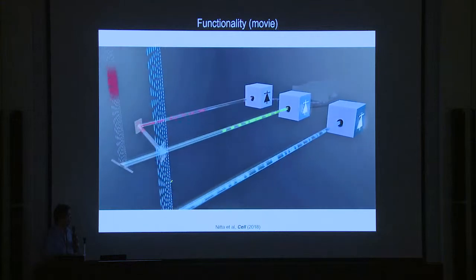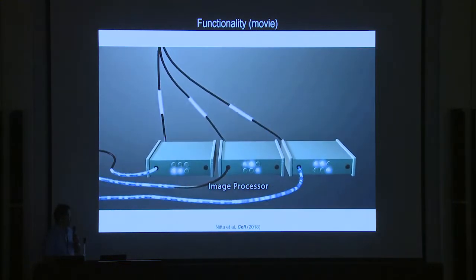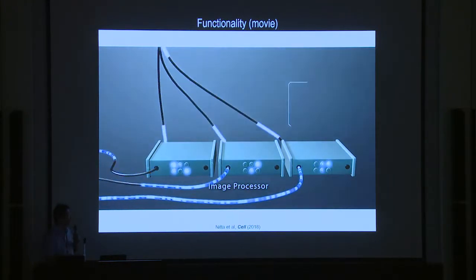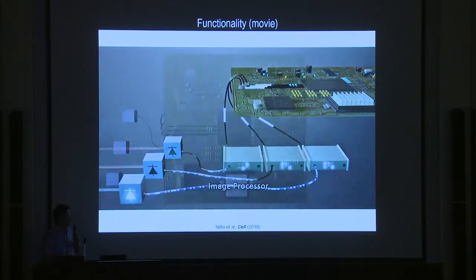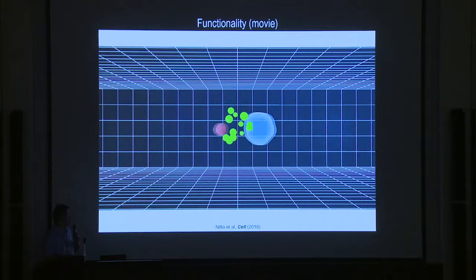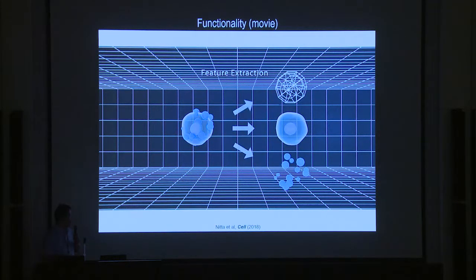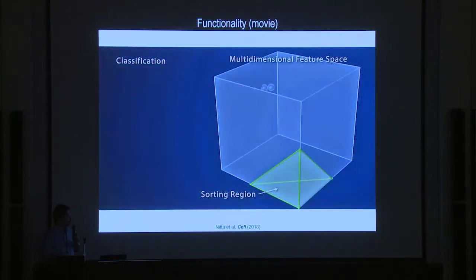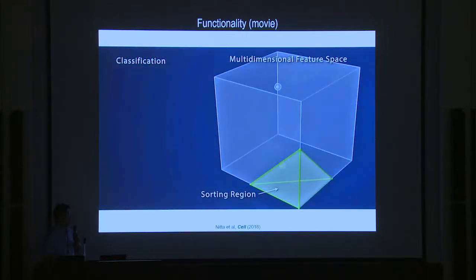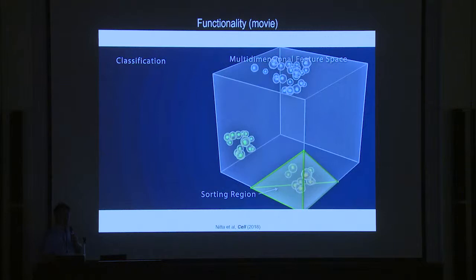And then detected fluorescence signals are digitized and sent to the image processor. And in the image processor, we reconstruct those images in different colors, and then we patch them together. And then on the image processor with deep learning, we basically extract molecular features, and then based on that information, we map those cells into a high-dimensional space, and then we identify which ones to sort or which ones not to sort.